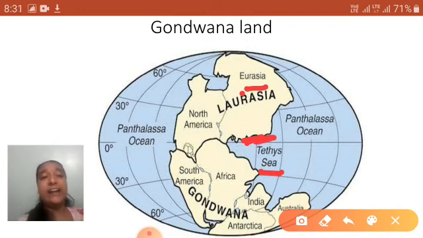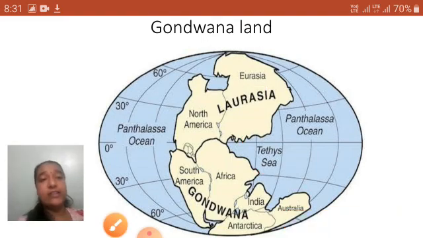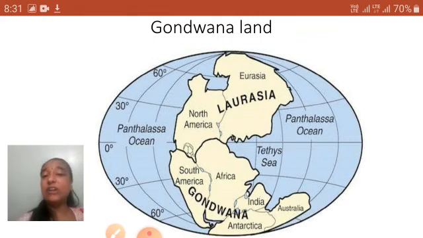In this Tethys region over here, there were sedimentary rocks. When India moved over there and started converging with the Euro-Asian plate, our Himalayan mountains were formed. In course of time, in the Himalayan mountains, the rivers were formed due to sedimentary rocks.